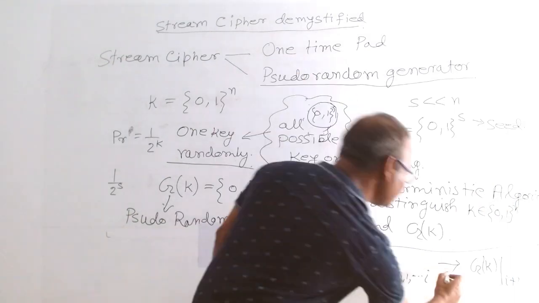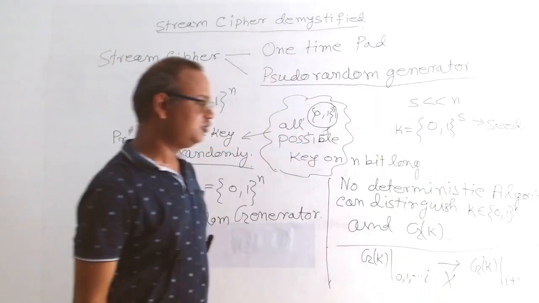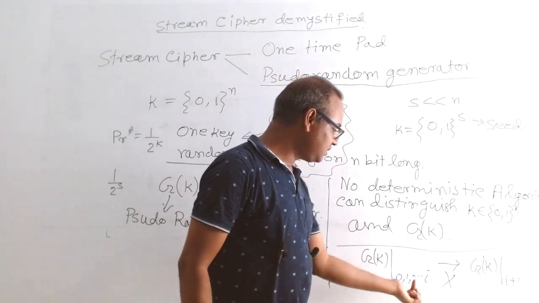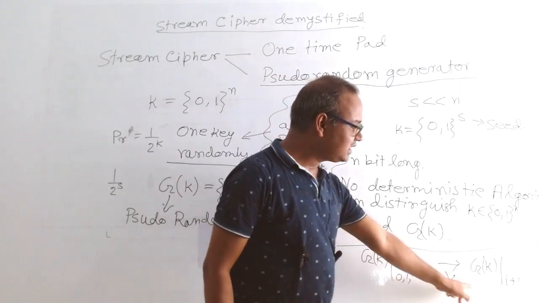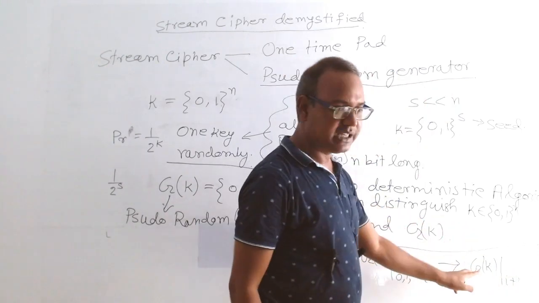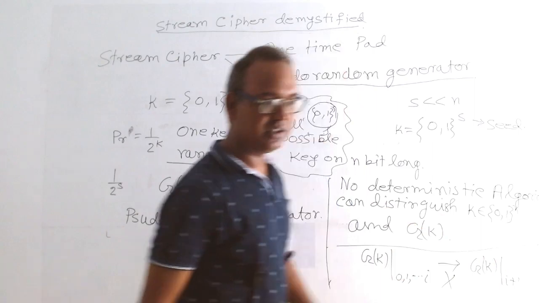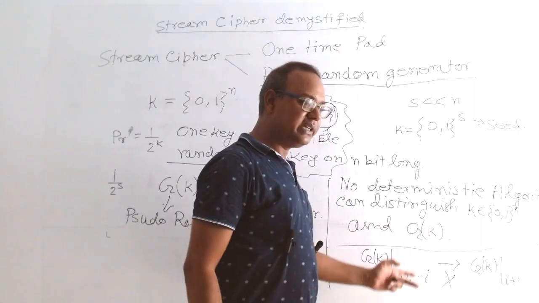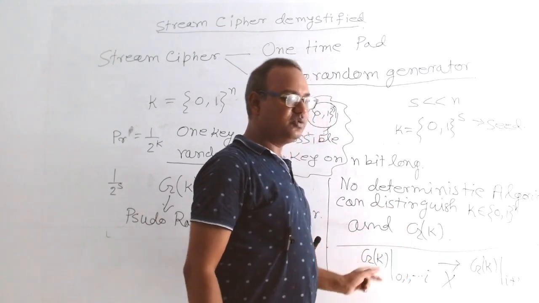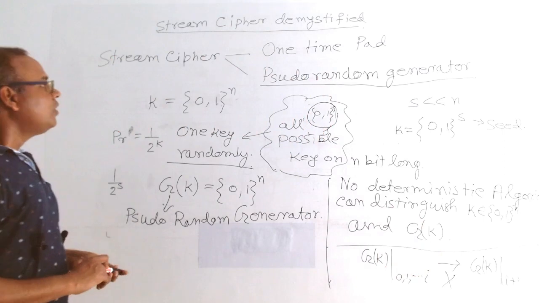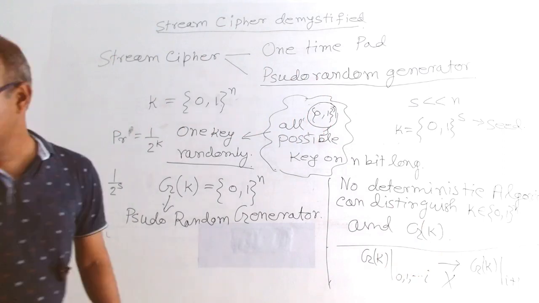Given all the bits of pseudo random generator from 0 to i, if it is possible to generate the i plus 1 bit by any deterministic algorithm, then it is not a pseudo random generator. Okay, if it is not possible to predict the i plus 1 bit, then we will call it a pseudo random generator.